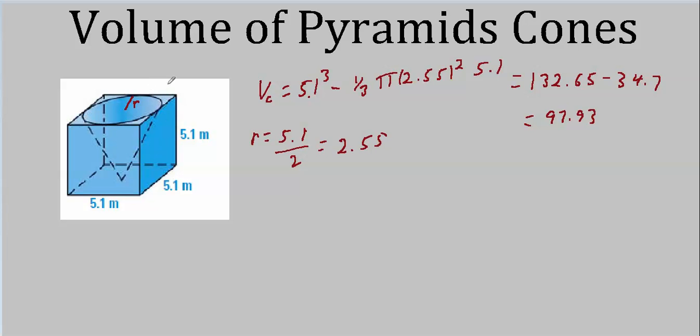In this case, we could find the cube and we could find the cone. So all we do is take the volume of the cube and subtract out the volume of the cone, and that's what's left over. So all we had to remember was the volume for the cube, volume for a cone, and then we subtract the two to get the volume of this little odd shaped figure here.